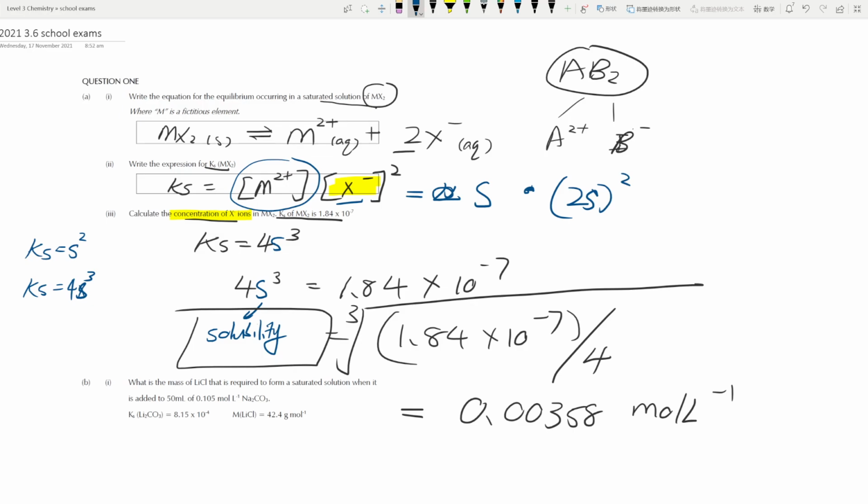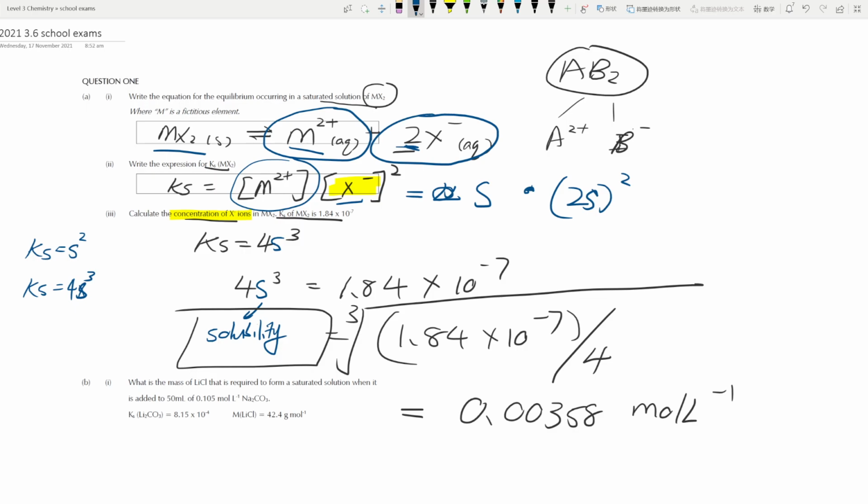Now why is that? Because you can look at this equation here, you can see that the X- concentration, for every mole of MX2 that dissociates, you make twice as many moles of X- compared to your M2+, because X- is a 1 to 2 ratio.